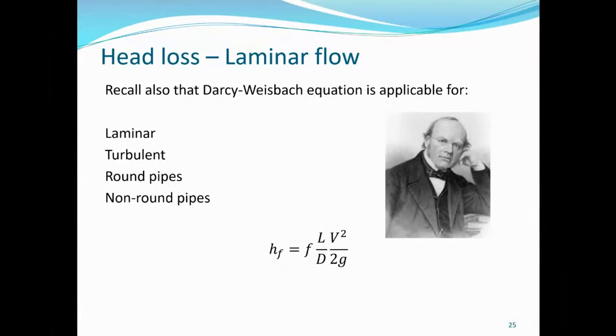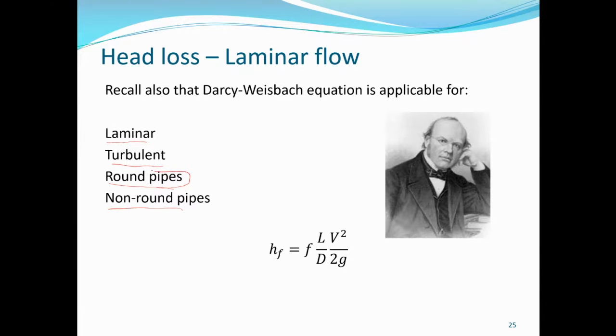Now, head loss in laminar flow. Recall that the Weisbach equation is applicable for both laminar and turbulent, and round pipes and also non-round pipes. In water engineering, in civil engineering, more often than not, we encounter only round pipes.